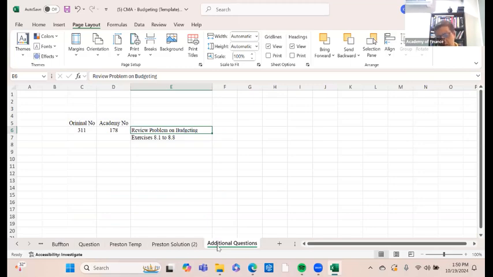You can try that, but again, it's a comprehensive example. Whoever wants to try something advanced, you can try this. Otherwise, you can try exercises 8.1 to 8.8. These are simple exercises, preparing different budgets.